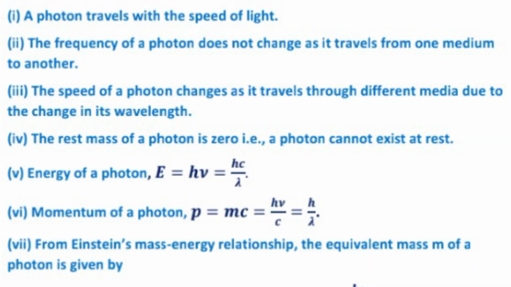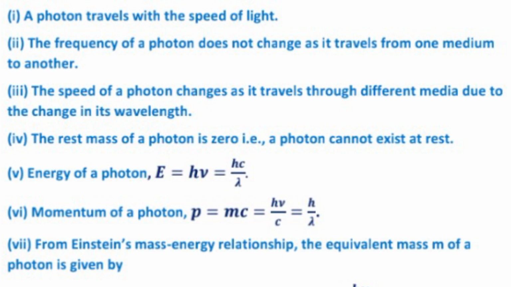Second, the frequency of a photon does not change as it travels from one medium to another. Third, the speed of a photon changes as it travels through different media due to the change in its wavelength. Fourth, the rest mass of a photon is zero, meaning that a photon cannot exist at rest.